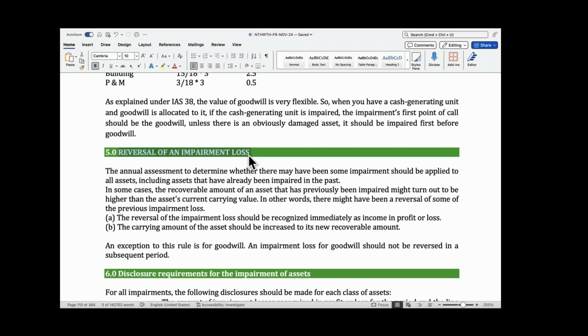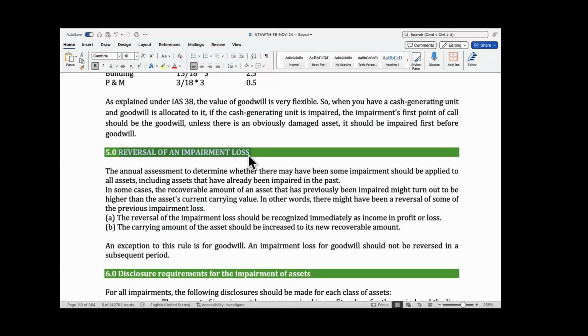I mean, you are going to treat it the same way like we treat revaluation surplus, because even though revaluation surplus goes to OCI, when there is a previous revaluation deficit, that has to go to P&L before any assets can go to OCI.